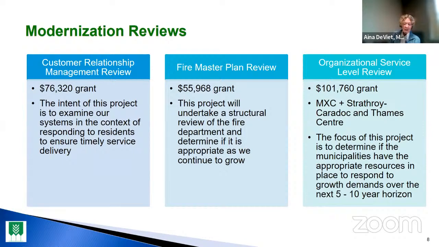Number 3 here is the organizational service level review. We have almost $102,000 in this grant, and this one is being undertaken in partnership with Strathroy Caradoc and Thames Centre, our neighbours to the west and to the east. The intent of this project is to make sure that municipalities have the appropriate resources in place as we see growth in our communities over the next 5 and 10 years.